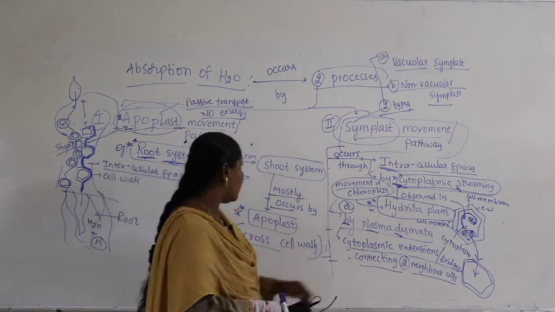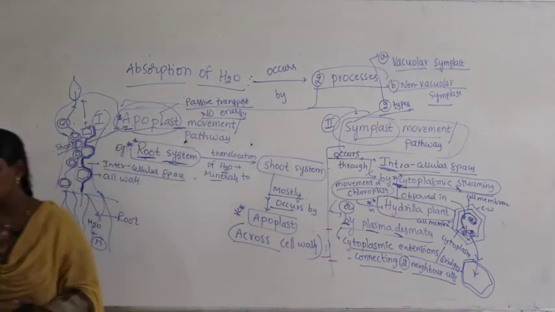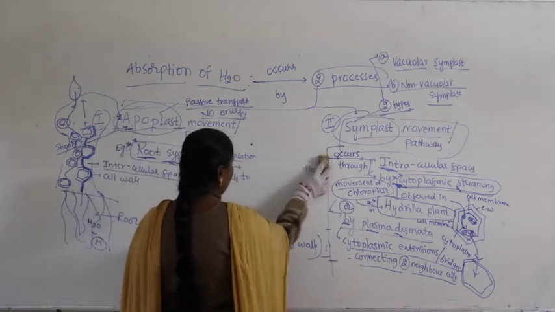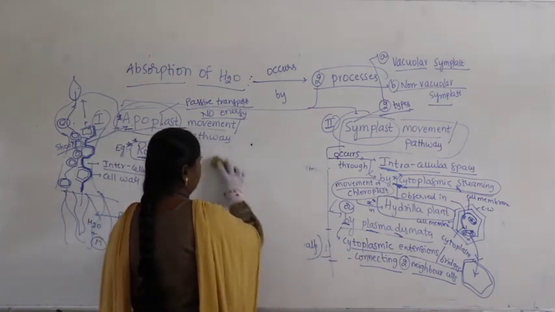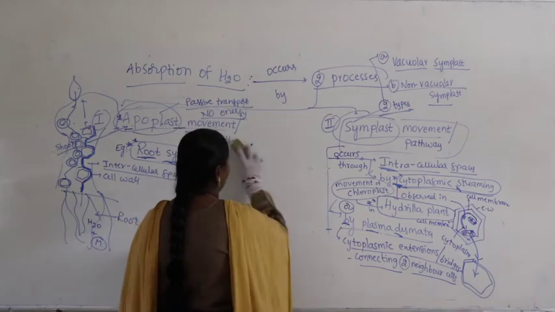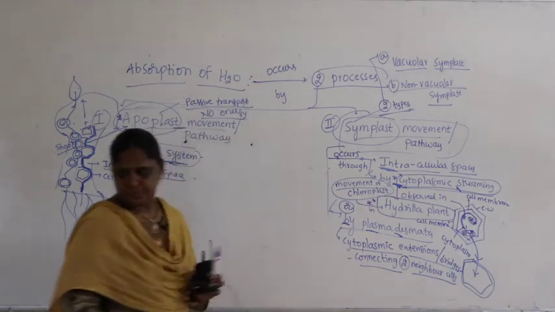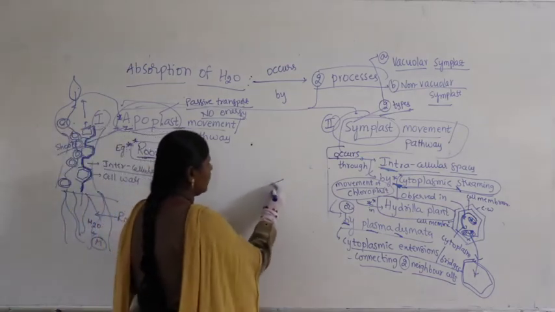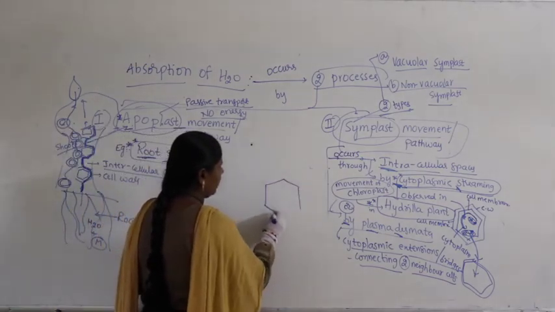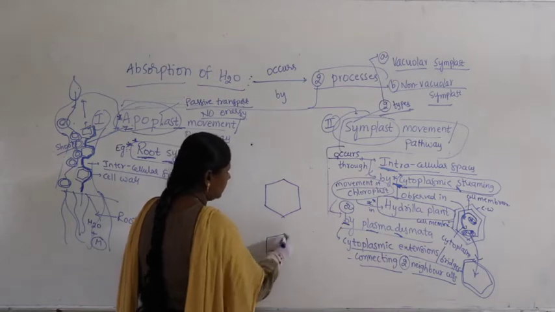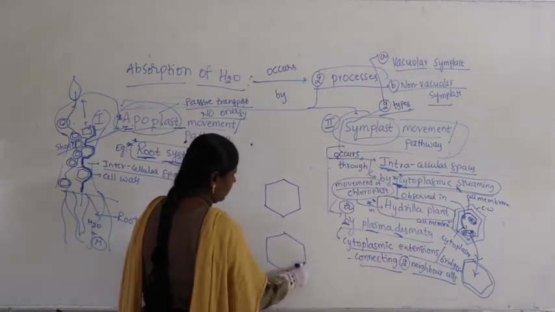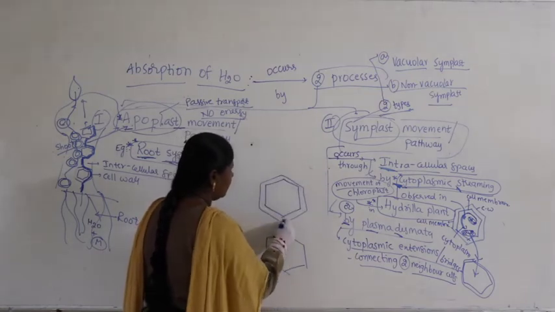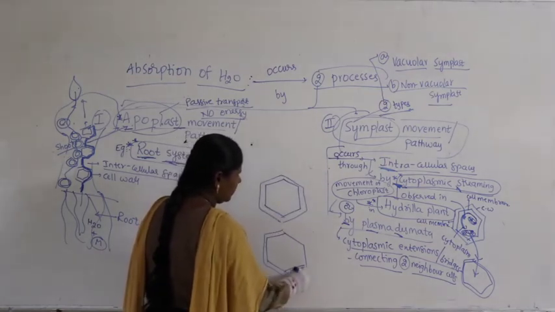If you look at this particular scenario, I will just erase this. So, this is one cell, this is another cell. Here you find one cell, and here you find another cell.